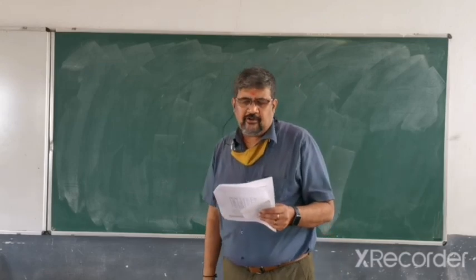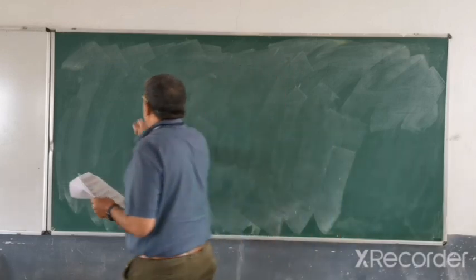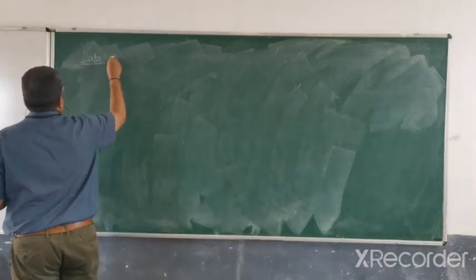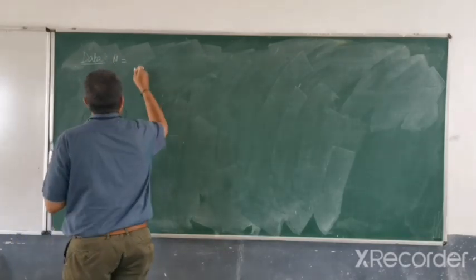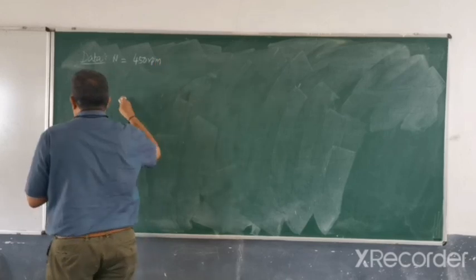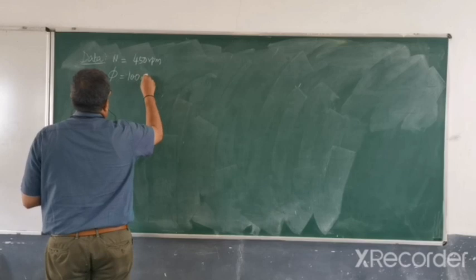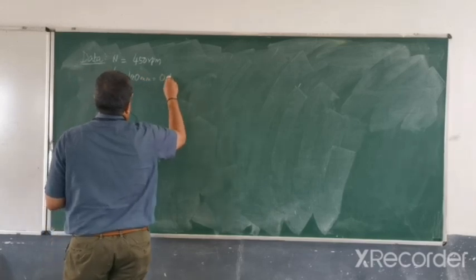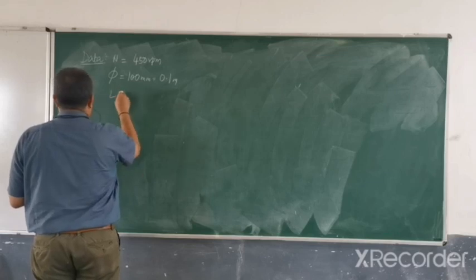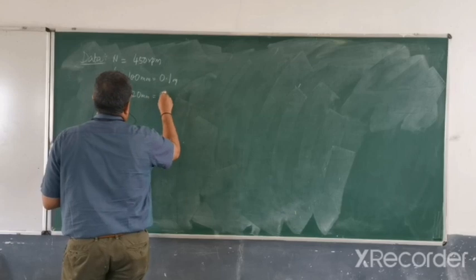You are required to find out the IP of the engine, that is, indicated power of the engine. So the data: the value of N is given as 450 rpm. Then bore diameter is given as 100 mm, which is nothing but 0.1 meter. Then stroke length, that is L, is given as 120 mm, which is 0.12 meters.